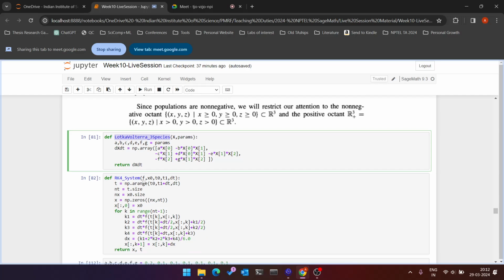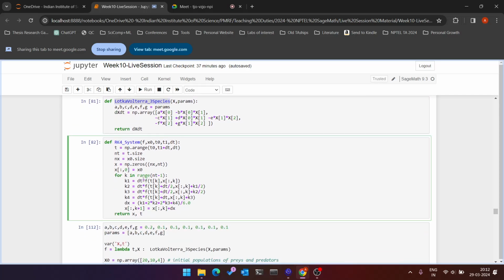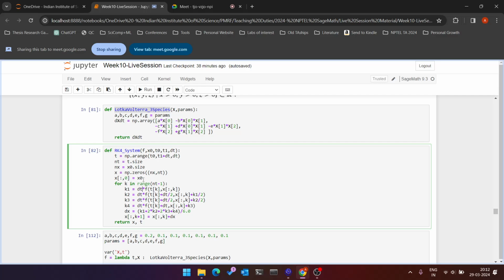Now I define a Runge-Kutta fourth order method function, but this one specifically targeted to a system of ODEs. So instead of one ODE, we have three ODEs. There are minor modifications specifically around how x0, instead of a scalar, is now becoming an array, and accordingly we calculate k1, k2, k3, k4 again as arrays.